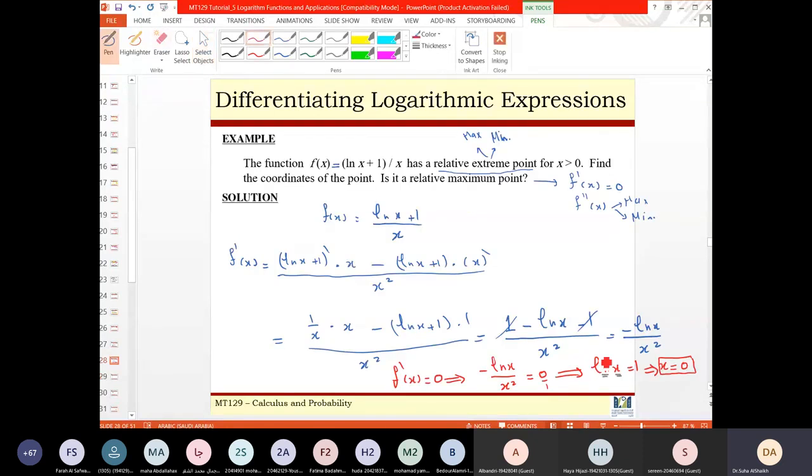I'm sorry. This equal to 0, and this means that x is equal to 1. Yeah, I'm sorry. I don't know why I did that.